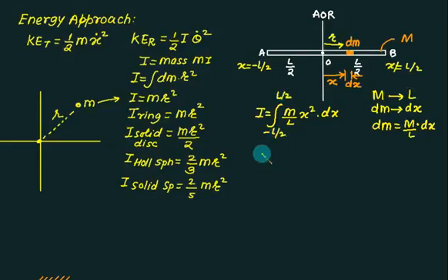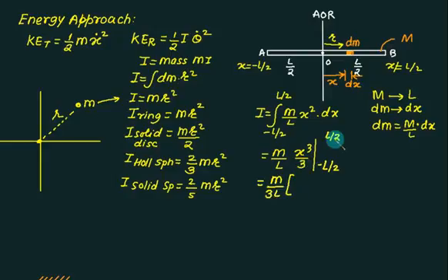So we can solve this. This one is capital M divided by L, integral of x square, x cube by 3, lower limit equals to minus L by 2, upper limit equals to L by 2. You can put this back. You will get M divided by L. This 3 will be as it is.